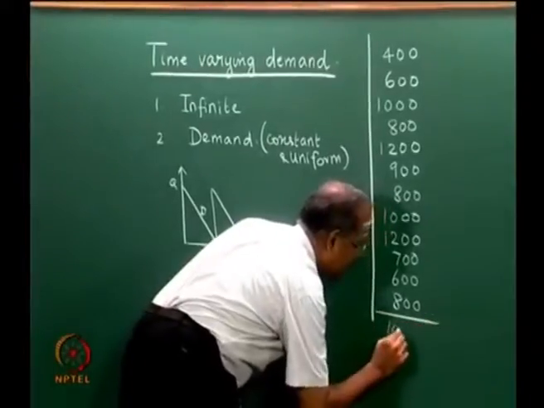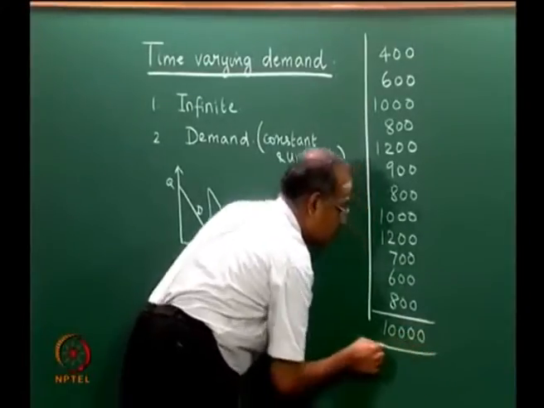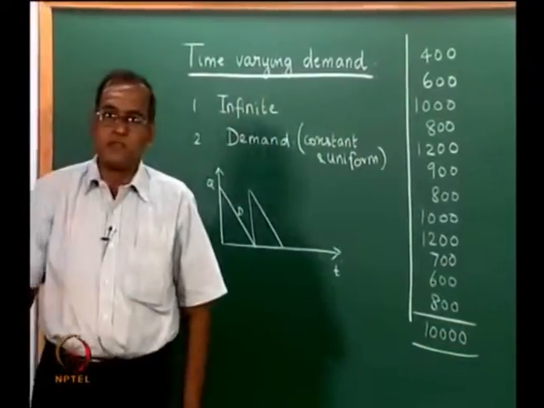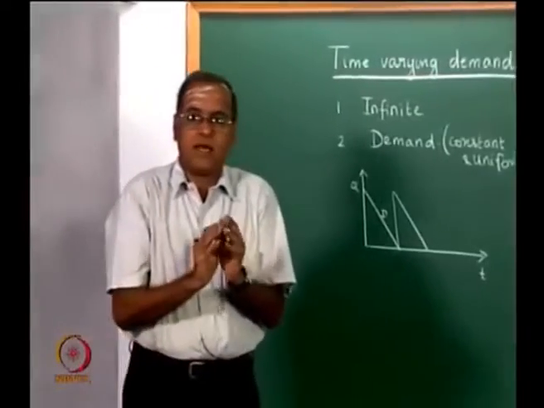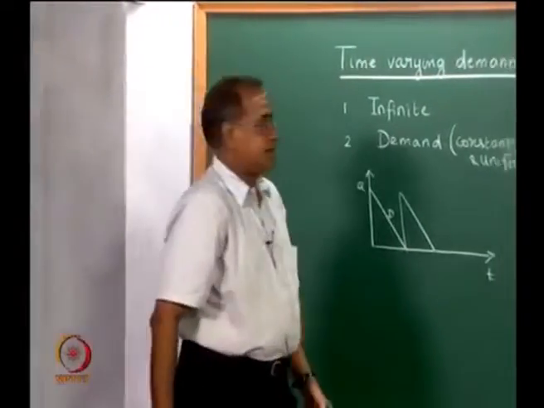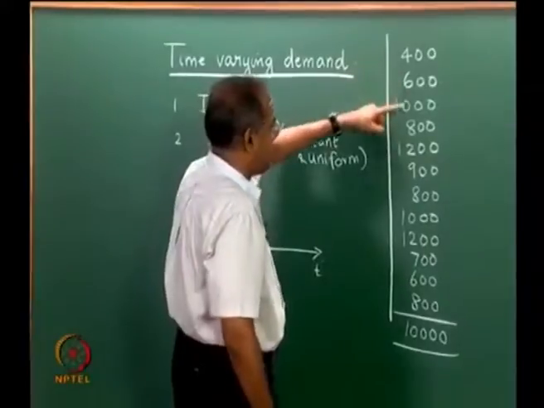Now these numbers have been taken such that when we add all of them we get 10,000. So we assume that the annual demand of 10,000 is now split into 12 monthly demands of this.